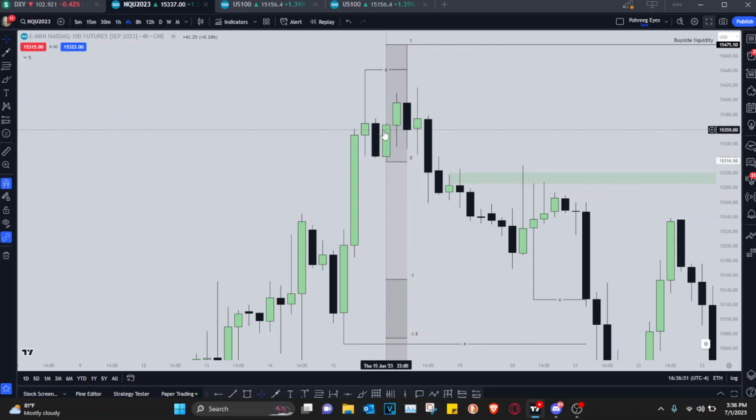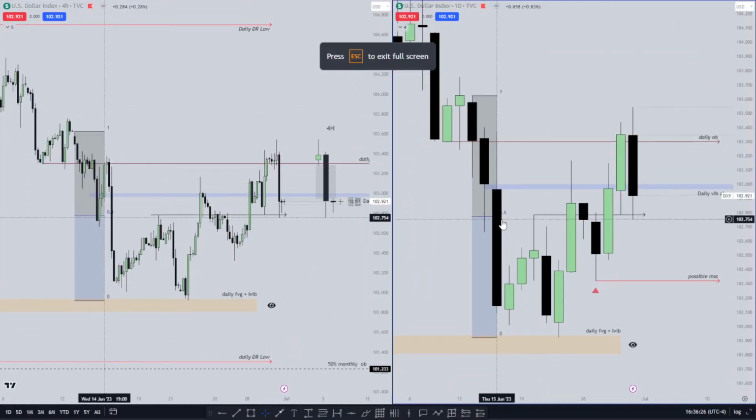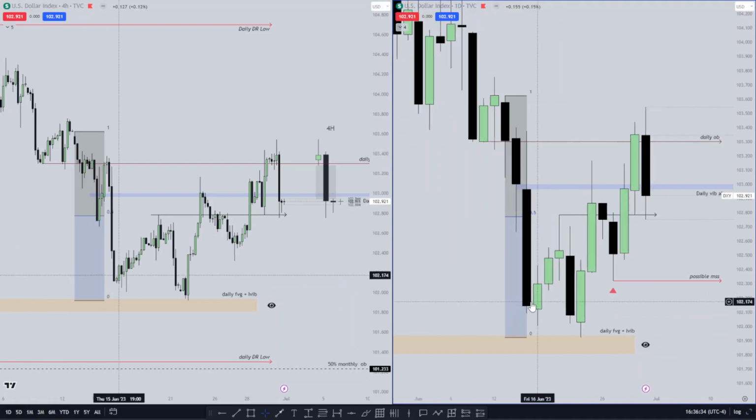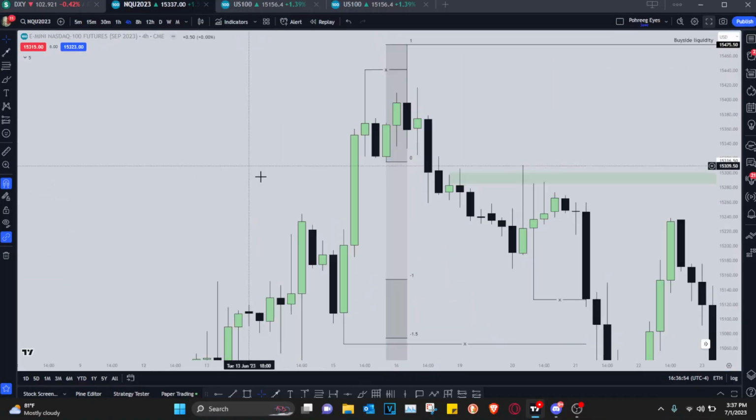The market structure shift right here was when? Thursday to June 16th. Meanwhile, from June 16th and Thursday, Friday, and obviously if you use time, when did that market structure shift happen here for when?